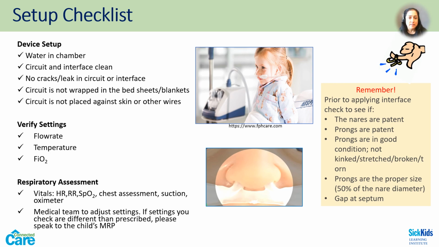And verify that there is a gap at the septum to avoid any irritation. And if the child is improving, you'll see a decrease in respiratory rate. You should see stabilization of the SATs and FiO2 requirements, improvement in the work of breathing and the child's comfort, and heart rate, if elevated, should improve, assuming a normal fluid status.